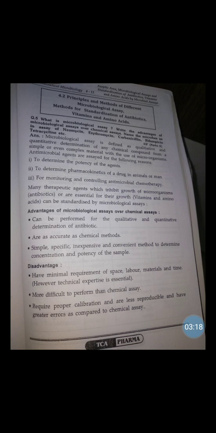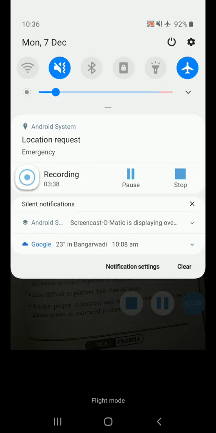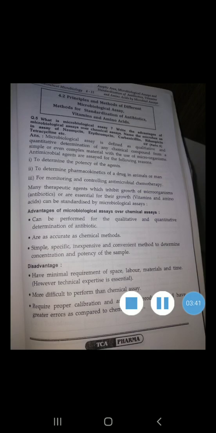If a good alternate physical or chemical method is available, then microbiological assays are not used. Then it is useful in the quantification of drugs, vaccines, toxins, poisons, disinfectants and antiseptics.